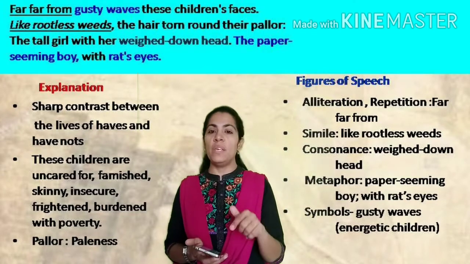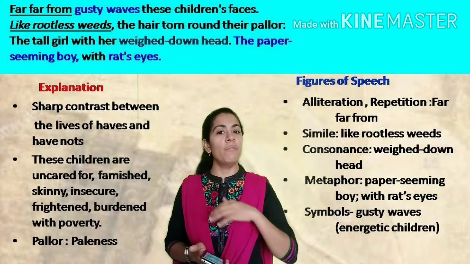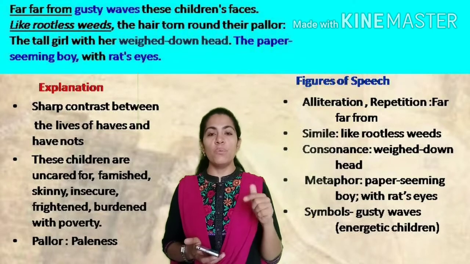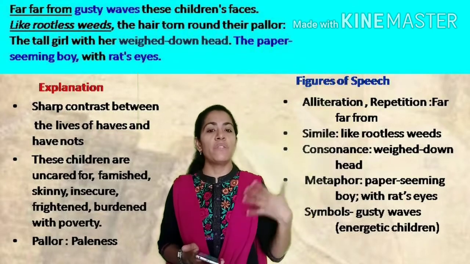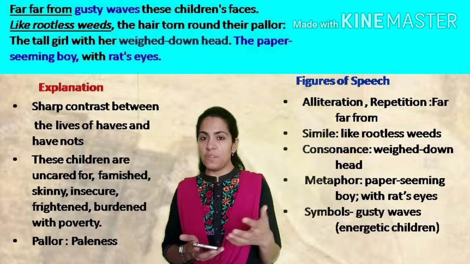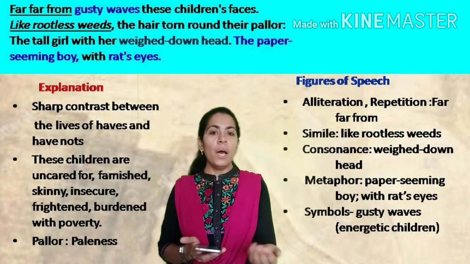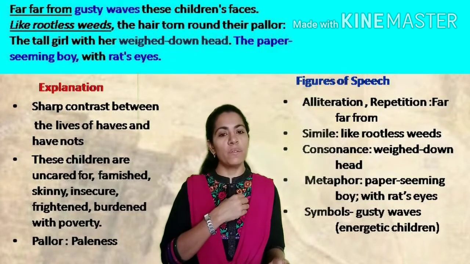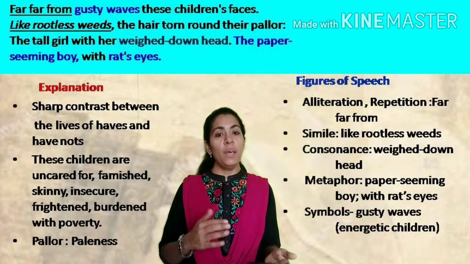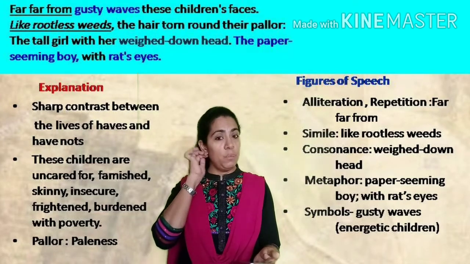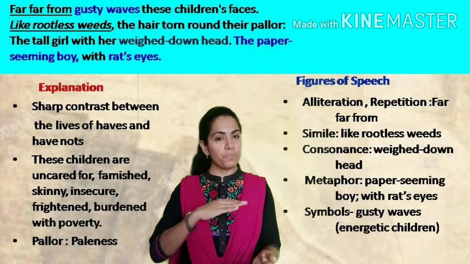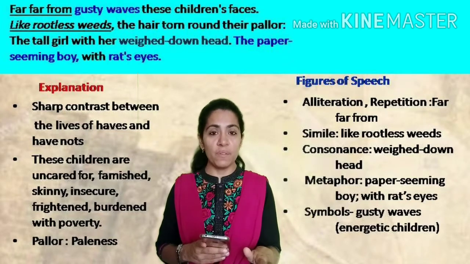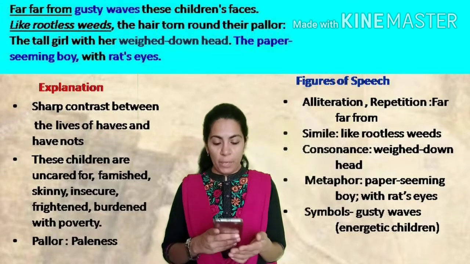And he says that these children's faces have no trace of the energy or the exuberance which is there in the gusty waves. Now, gusty waves: gust is a strong wind, and waves, tides. So when the high tides are there, when there is a current in the sea, it has got energy. But these children's faces are devoid of all such energy, dull faces, lifeless, pale.